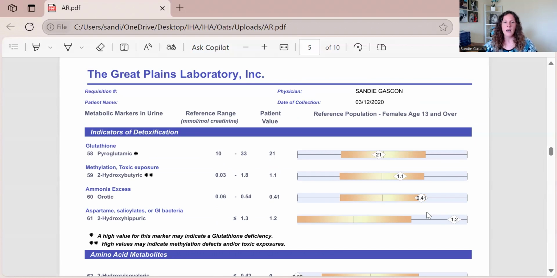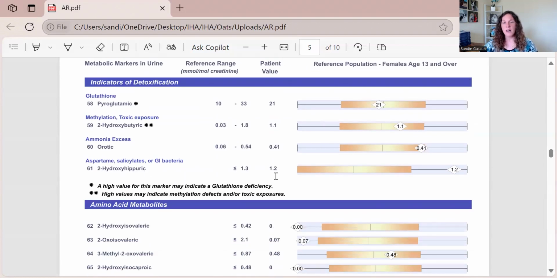Marker 61 is just a marker usually for bacteria, but I one time had a client who did not disclose that they were addicted to aspartame, and I did not find this out until a retest on an OATs test, and I'm like, what the heck, why is this still high? Like, this doesn't make any sense.